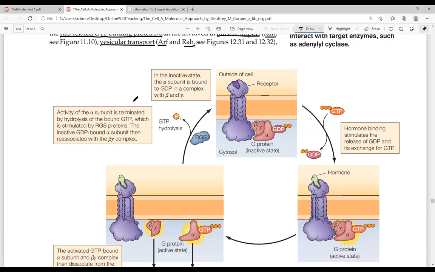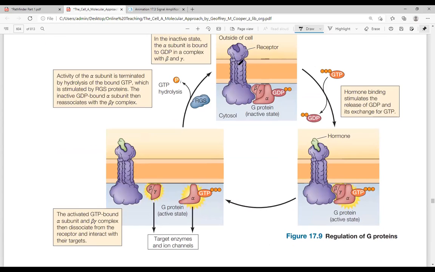You can find here how the activation of the GTPase switch protein takes place, and in what manner the activation takes place, that we must understand. Firstly, what happens is the binding of a hormone or a signaling molecule takes place.